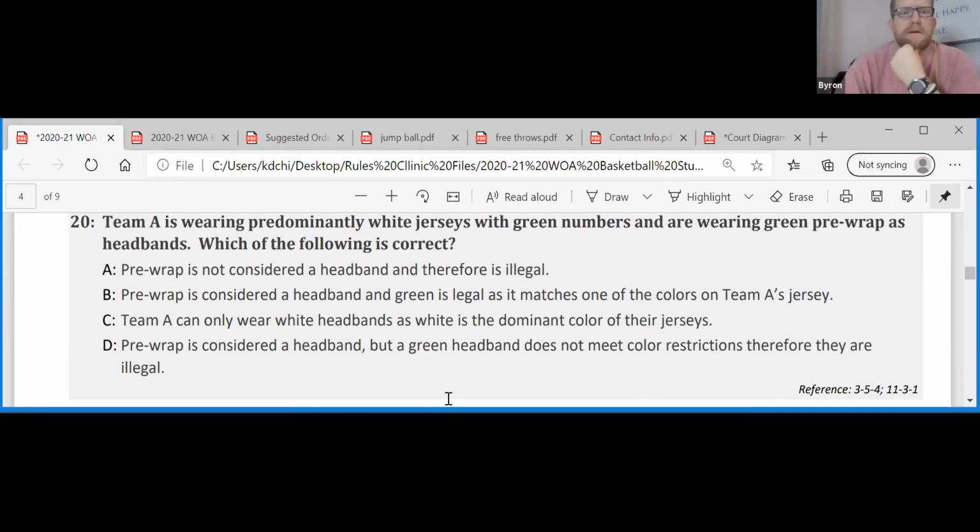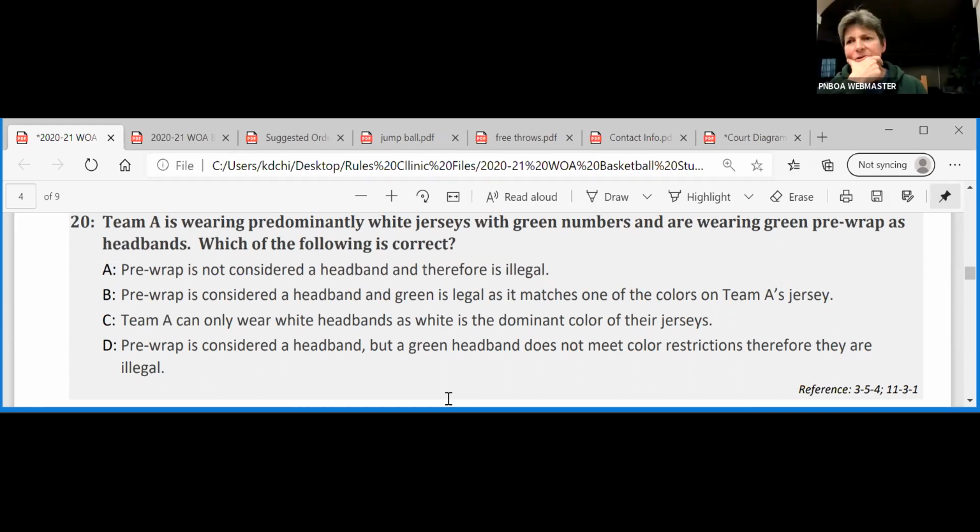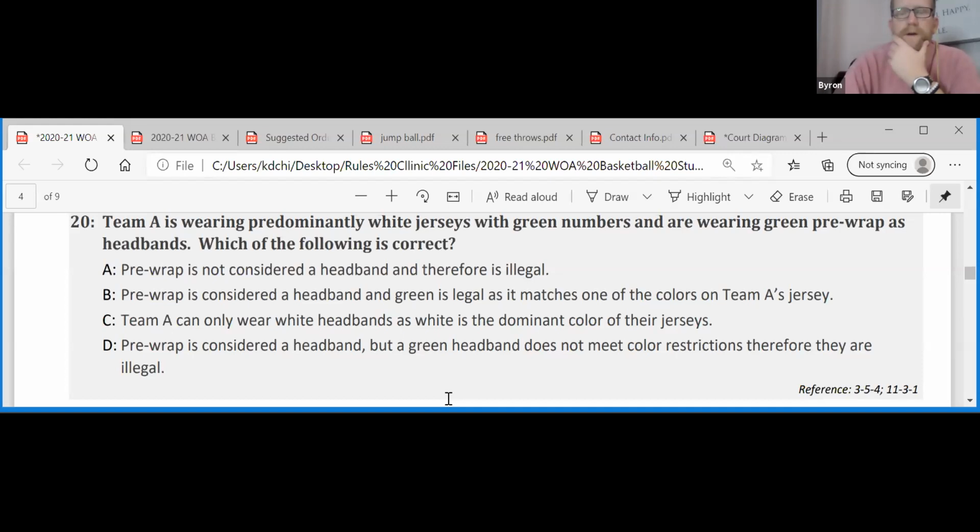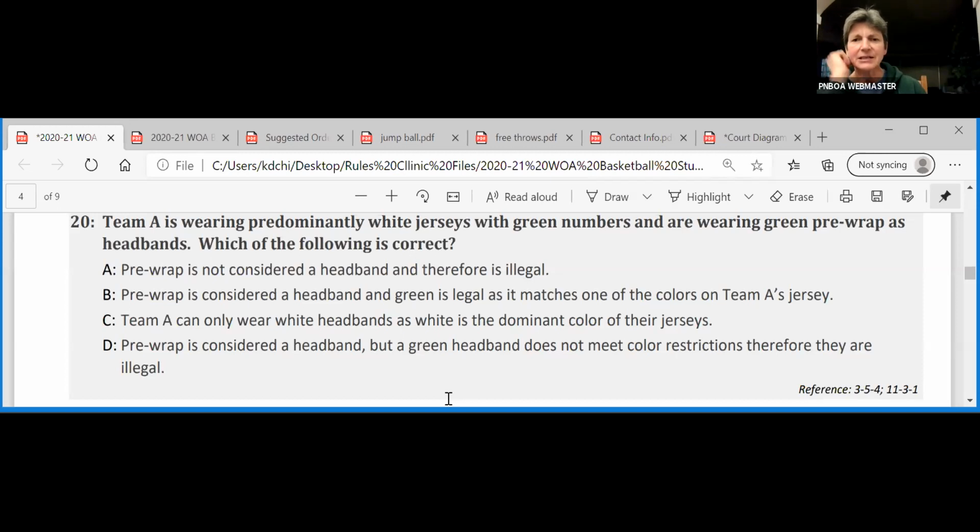What's the definition of a headband? It's made to be a headband. No, there's a definition: something that goes completely around your head. That's a headband. So in this case, this pre-wrap could be a headband if it goes completely around the head, as opposed to those little scrunchies girls wear to keep a ponytail back. Those aren't headbands, but anything that goes completely around your head is a headband.